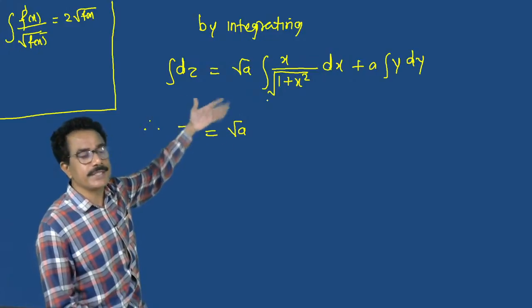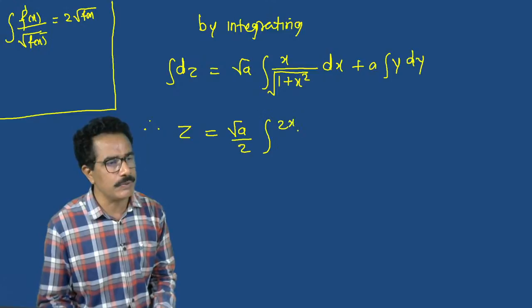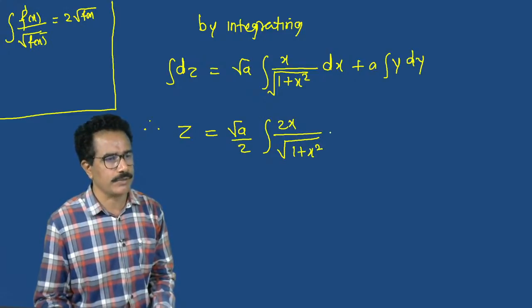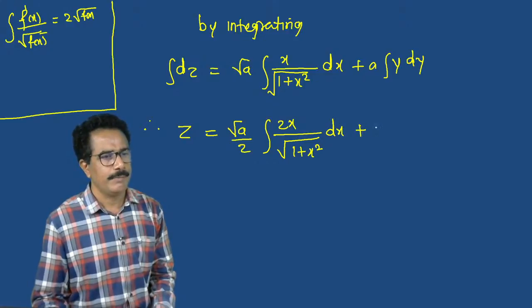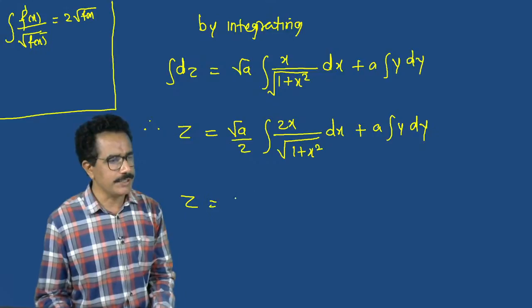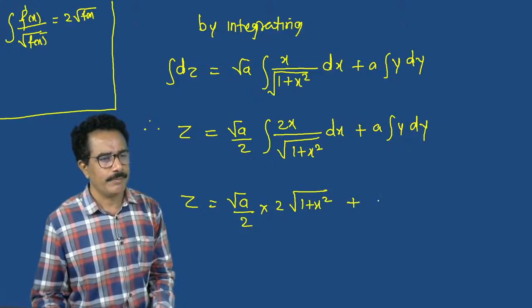We need 2x in the numerator, so we can divide by 2 and multiply by 2, so it will be integration of 2x over root 1 plus x square dx plus a into y dy. So z equals root a by 2 into 2 root 1 plus x square plus a.